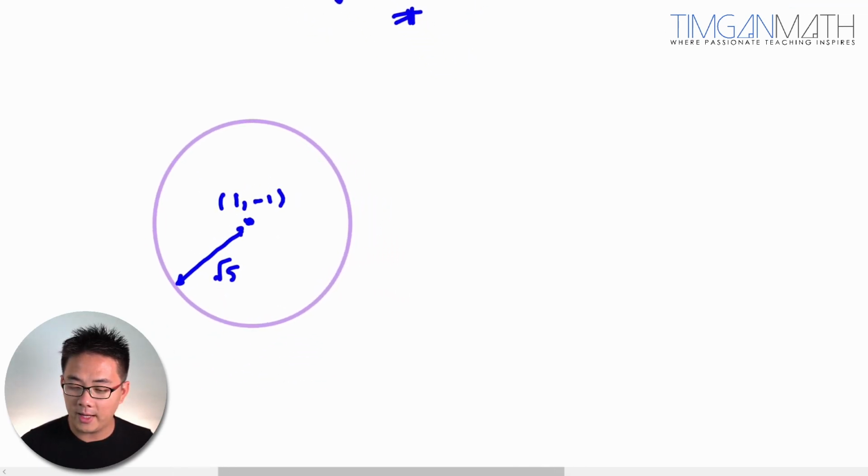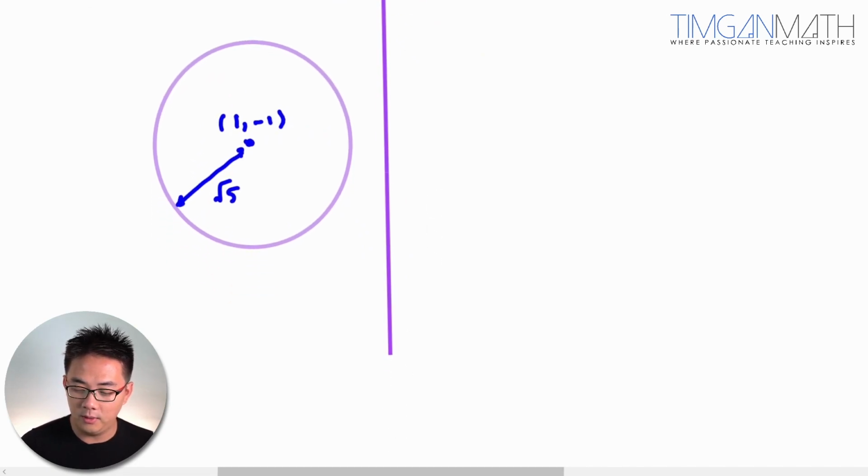You reflect about the vertical line x = 3. First find the reflected center: if this is the first center O, this will be O prime.